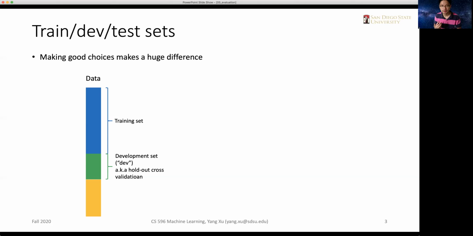It is used as a holdout part during the process of training. This small piece of data will be periodically used during the training.